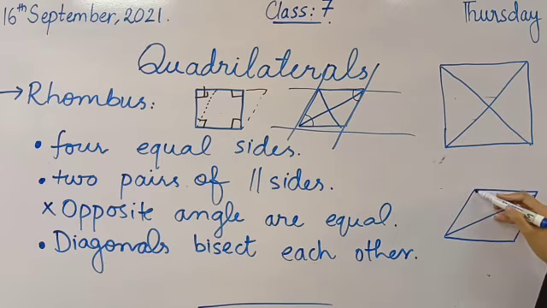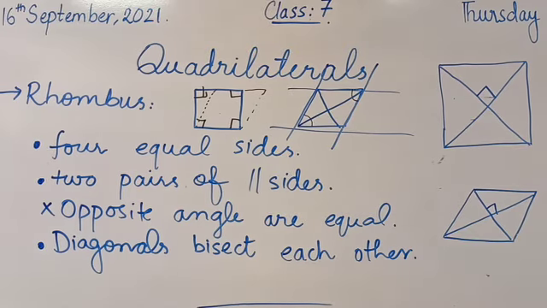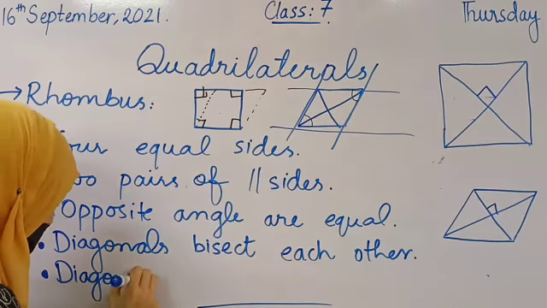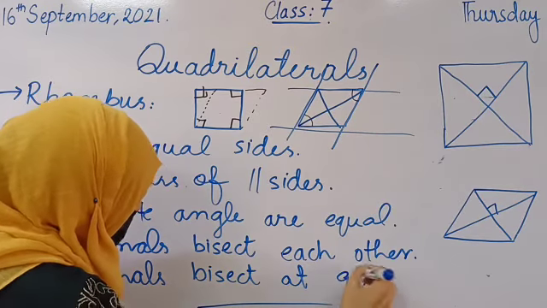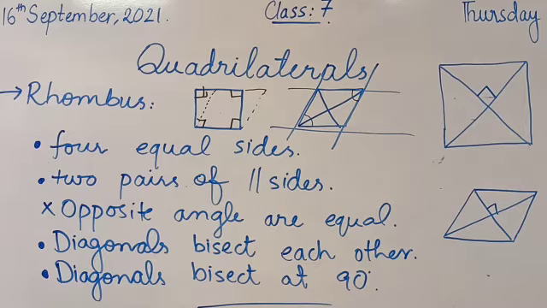Diagonals bisect at a right angle. This is the right angle, no? So you can write another property: diagonals bisect at right angles. And this is also a similarity.